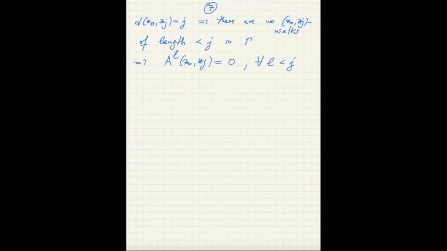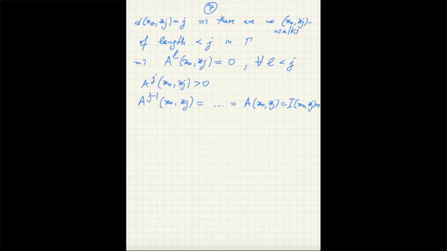So let's summarize what we have. We have that A^j at X0, Xj is positive, and A^(j-1), all the way down to A, and the identity, in the entry X0, Xj, are all 0.